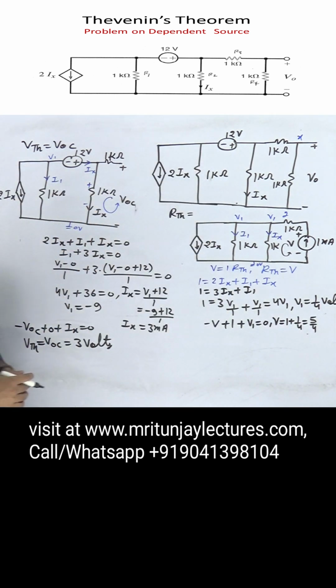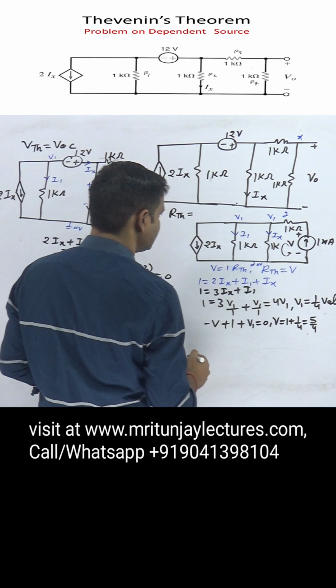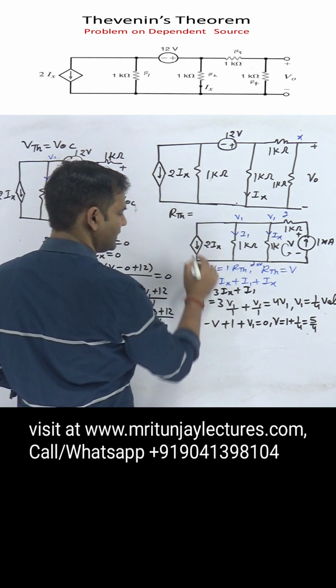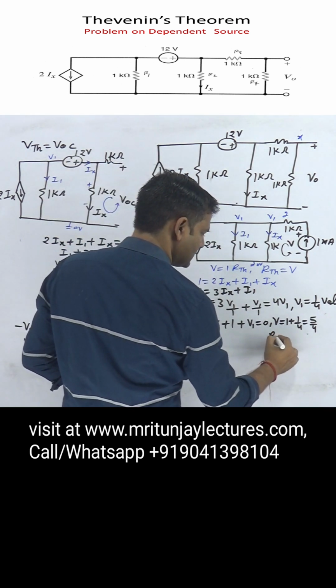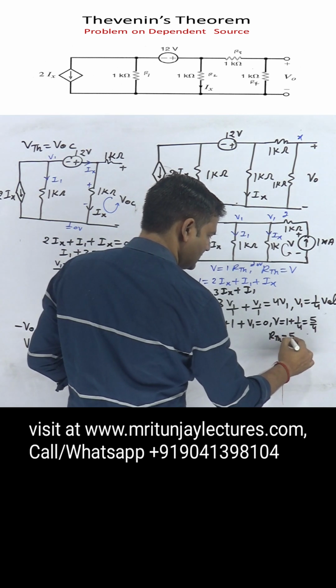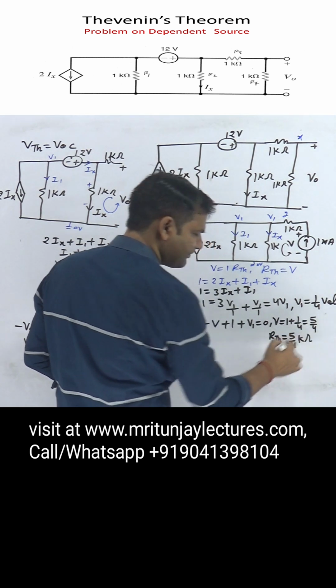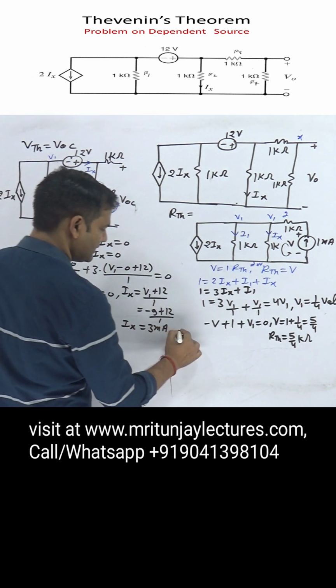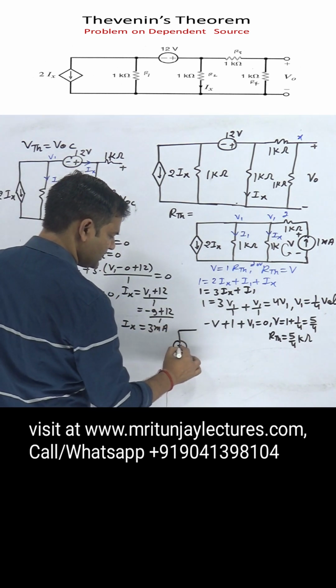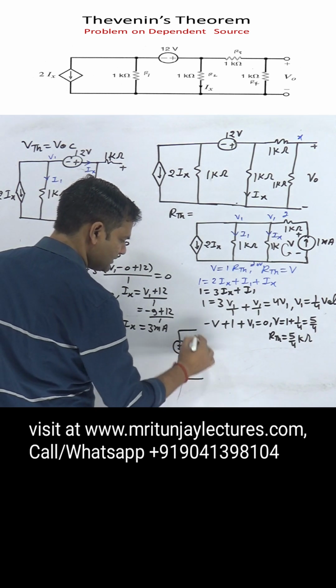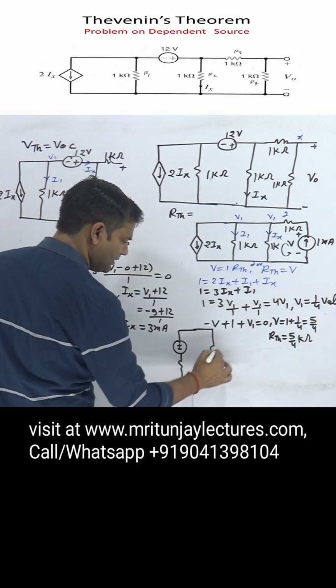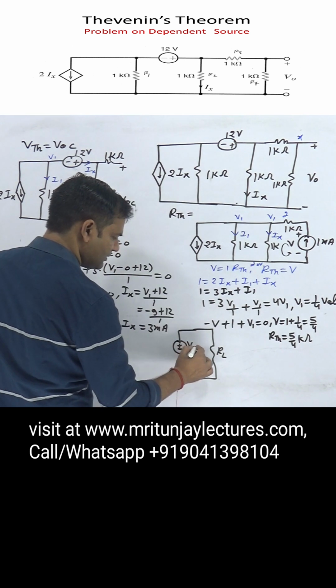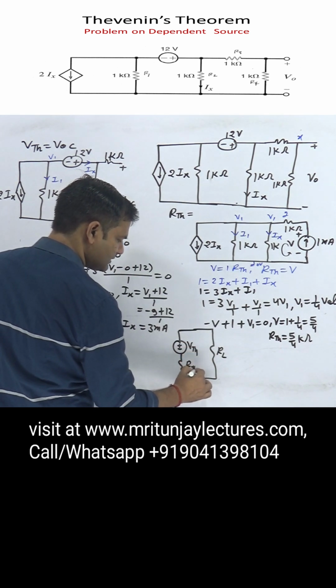Clear? So what about RTH? RTH is finally 5 by 4 kilo ohm. Now the next target is to make the circuit: plus minus, here RTH and here RL, here VTH, here RTH.